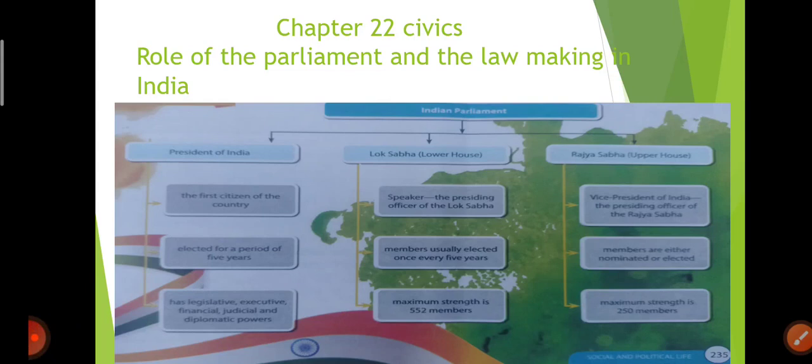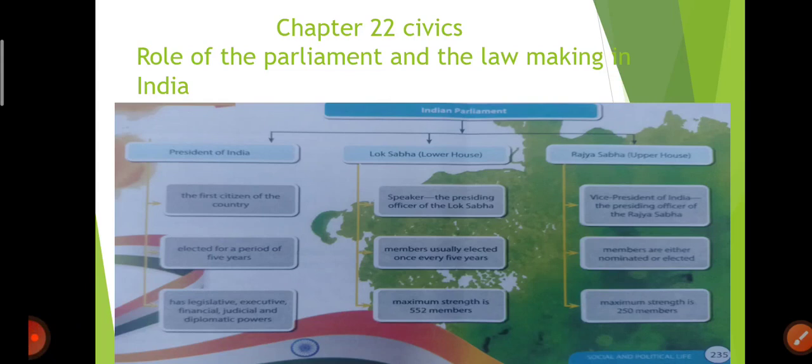His powers. First, the legislative powers, meaning he has some lawmaking powers. Now, executive power. He can take the executive powers in lawmaking. Next, financial power.